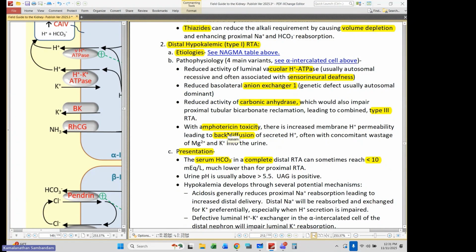Okay, so if my defect in urine acidification is relatively mild, I can only excrete, let's say, 50 millimoles per day of protons, but I generate 70 millimoles of protons. What happens is my bicarbonate concentration drops just a bit, right?